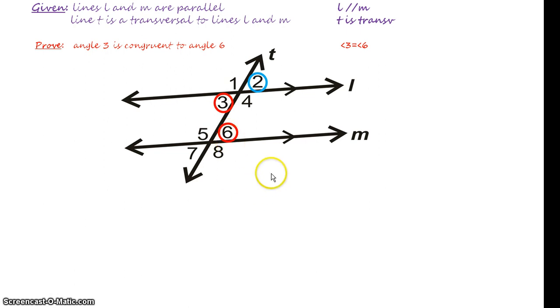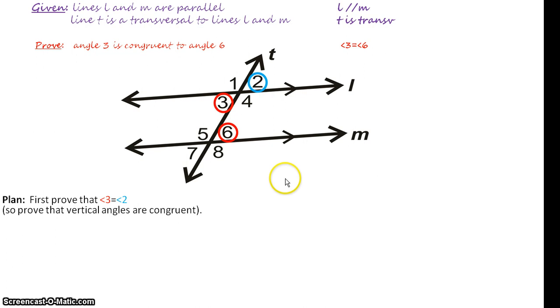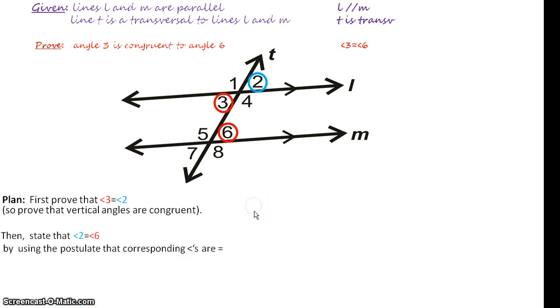So let's write our plan. The first thing we have to do is prove that 3 is congruent to 2. So basically we're proving that vertical angles are congruent. And then, after we've proven that, we state that angle 2 is congruent to angle 6 by using the postulate that corresponding angles are congruent.